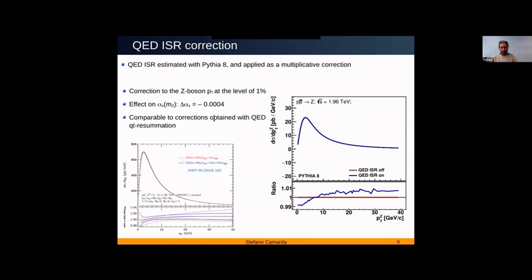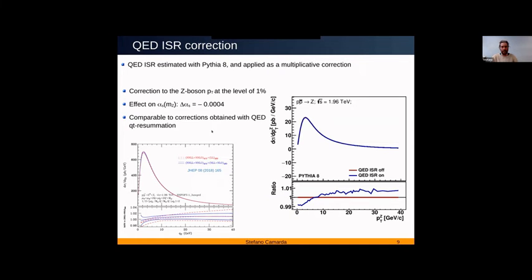It would be nicer, of course, to have QED included in the QT resummation formalism, as was shown in this paper. However, you see that Pythia is not actually very far from what is predicted from combined QED resummation. And since this is a small correction, the associated uncertainty is expected to be smaller and actually neglected.